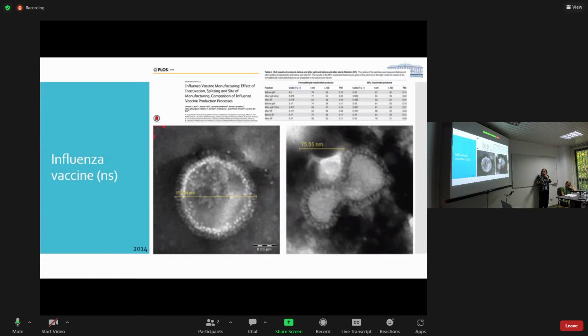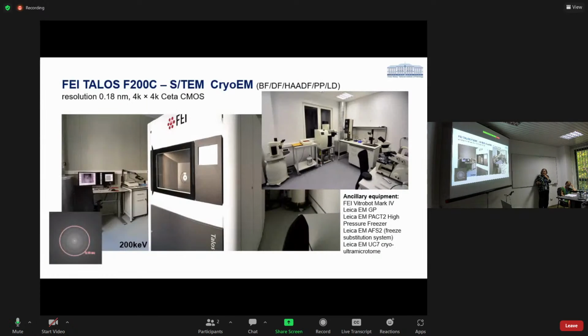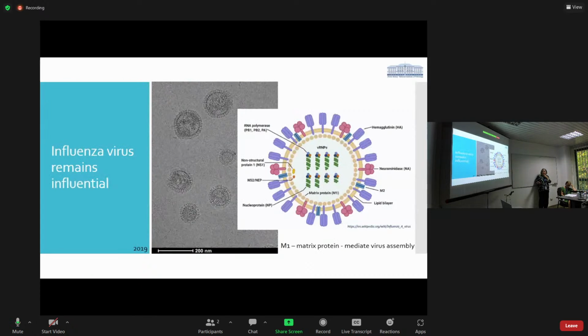This experience was before we had this electron microscope with cryo facility, and we resumed the collaboration with our colleagues from the Cantacuzino Institute for vaccine production with cryo-electron microscopy.